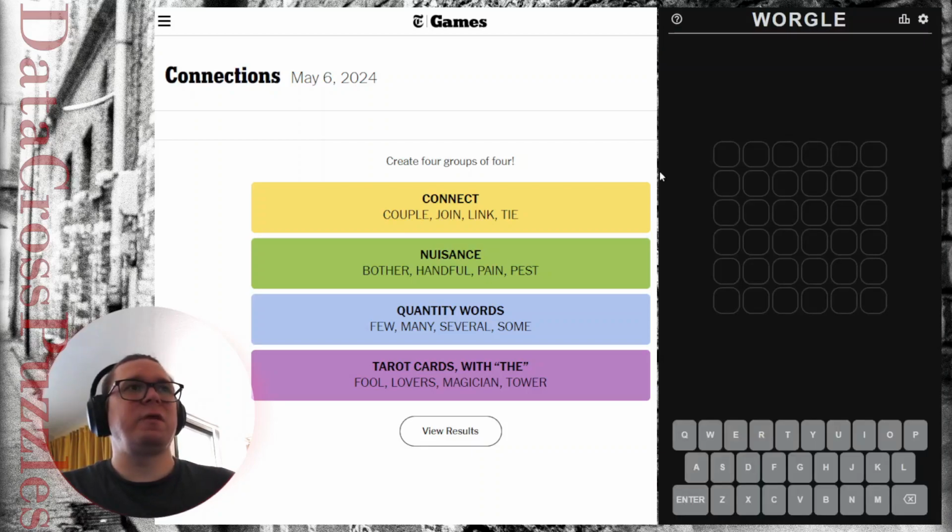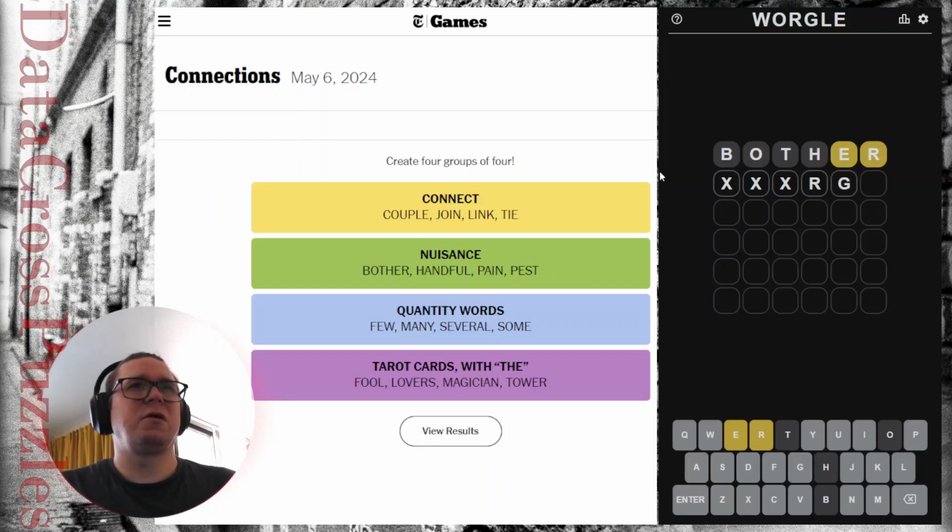Okay, well that really bothered me, so I'm gonna take that word into the Worgle, and we have the R and the E in the word, but it doesn't end in ER. Maybe it ends in E, and then it's like R. Oh, it can't be charge, because there's no H. Any other word?